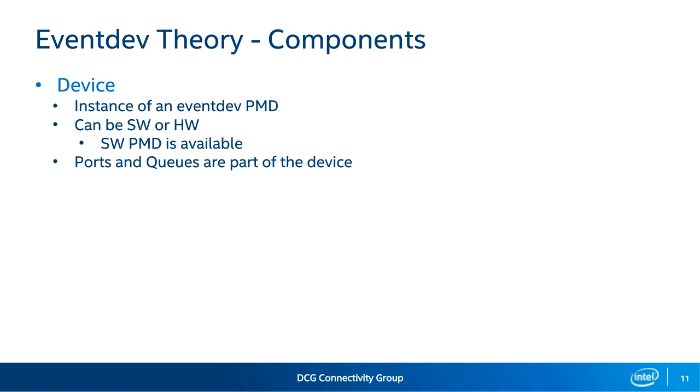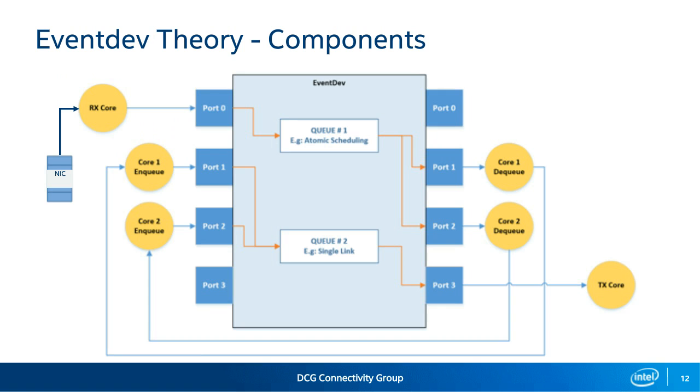And the ports and queues that we are talking about are all part of that one setup. So in all these slides, I'm trying to use just this one figure so you get this picture in your mind. So this whole thing is like one device, right? That's the eventdev that's running there.